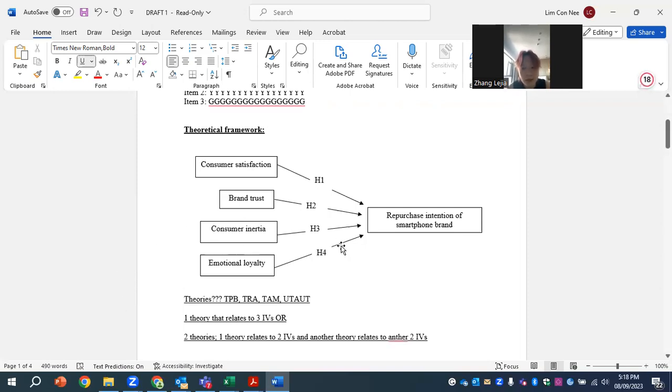So you don't have to provide support for all the 4 IVs if you cannot find. It doesn't matter. What do I mean by theory? Theory means where is this variable coming from? How to explain this variable?